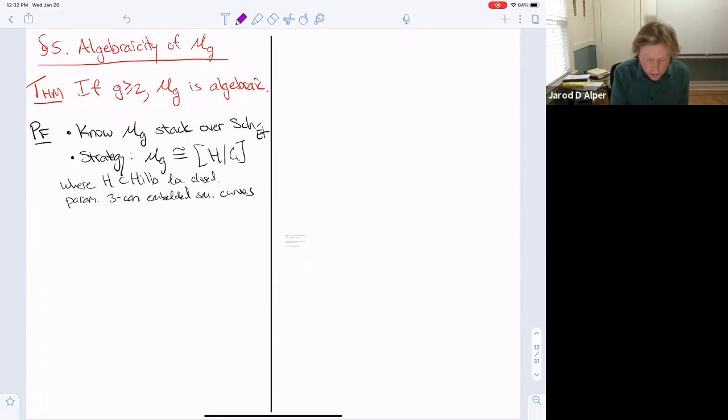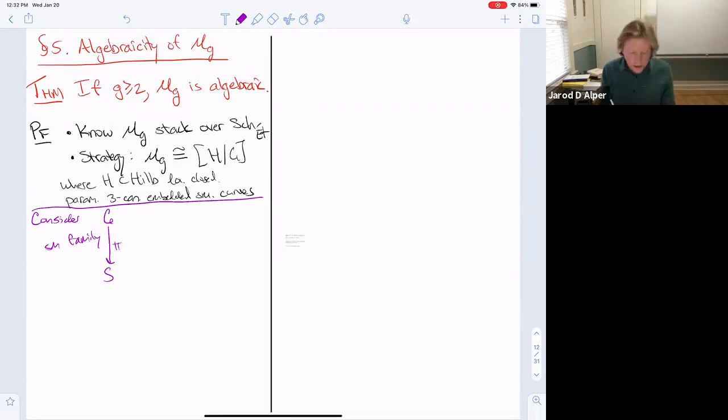Okay, so let's try this. Let's consider a family of curves, C to S, a smooth family. Let's let this be pi.